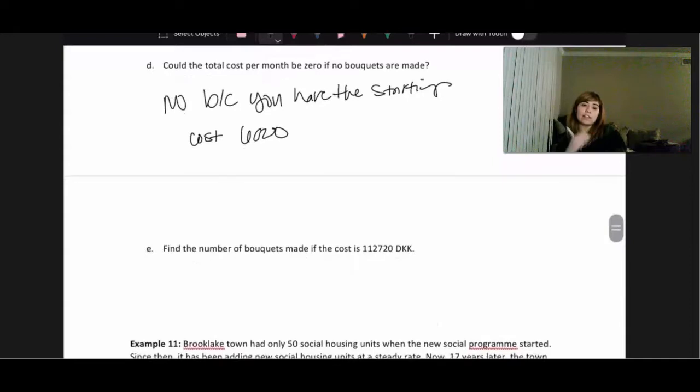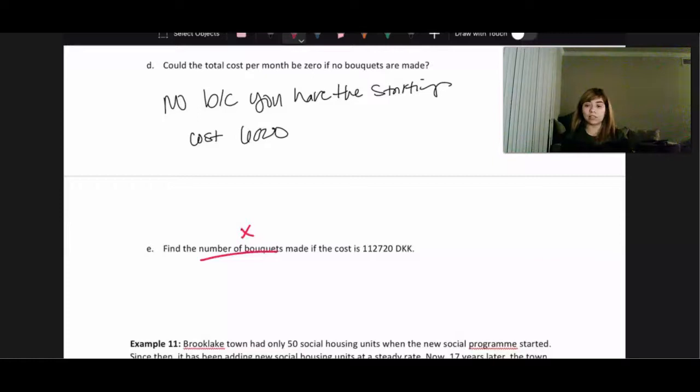Part E, find the number of bouquets made if the cost is this much. So what you would do here is, I mentioned this before, they don't tell us if we're looking for the x-intercept or y-intercept, and they don't tell us if the value they give us is the x or y value. So you have to reason through the context. Find the number of bouquets made. Well, I know the number of bouquets made is x.